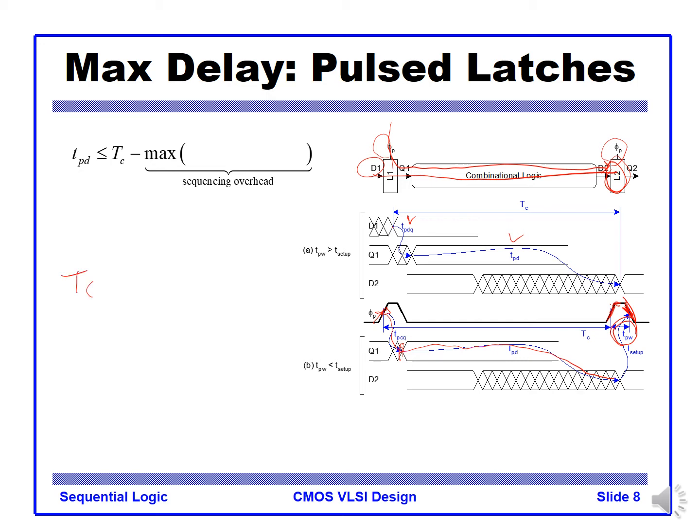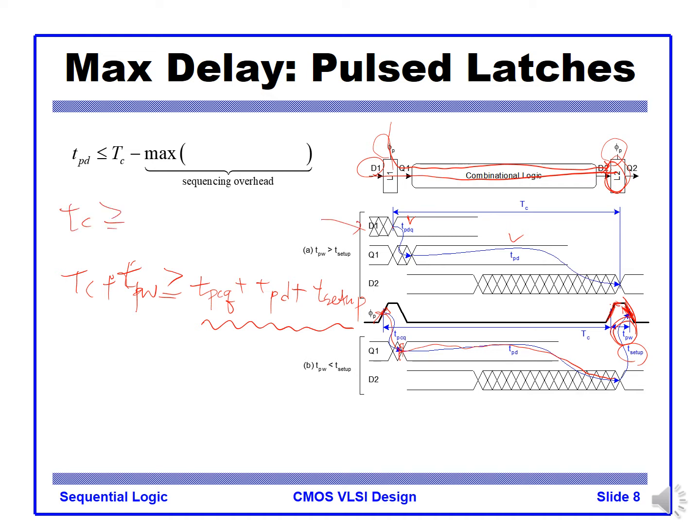So TC plus TPW should be greater than TPCQ plus TPD, right? And plus there's a setup time for this falling edge, so T setup. So that is one requirement from this data path; we have an additional requirement like that.